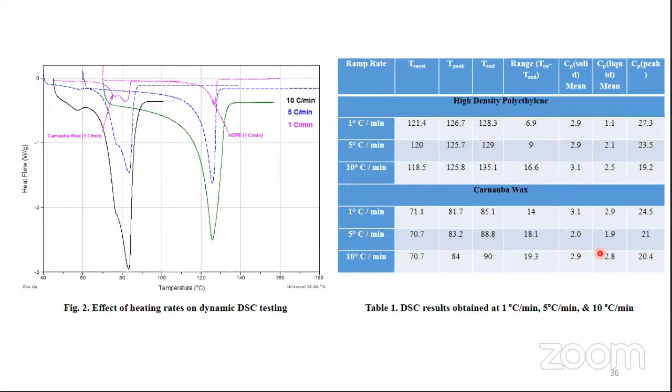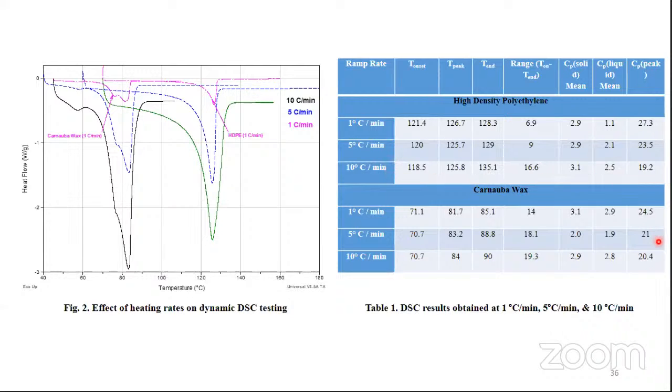At what rate you are heating the system, whether it is at a certain degree centigrade per minute, like here we have taken 1, 5 and 10, because the results will actually be different for different heating rates. So we should find out what is the adequate heating rate which can help us find a better way of understanding the performance of that thermal energy storage system.